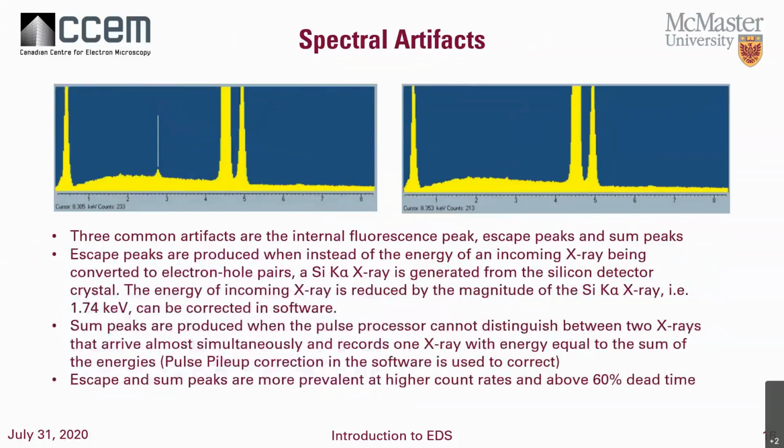We do get spectral artifacts. One thing that's nice about modern detector systems is that a lot of these are corrected for. However, if you look at the two spectra that we have up here, in this case, we have some escape peaks.